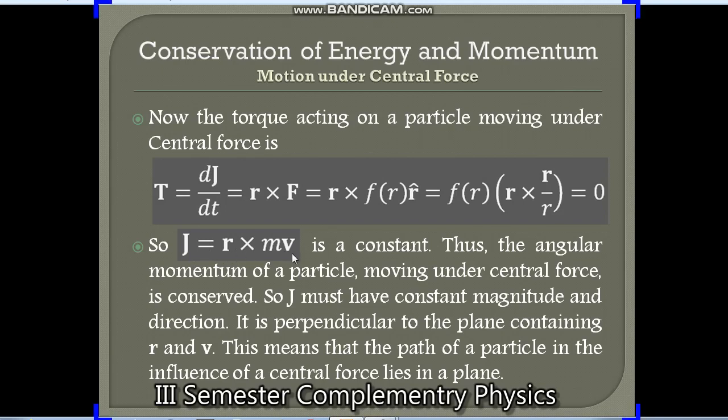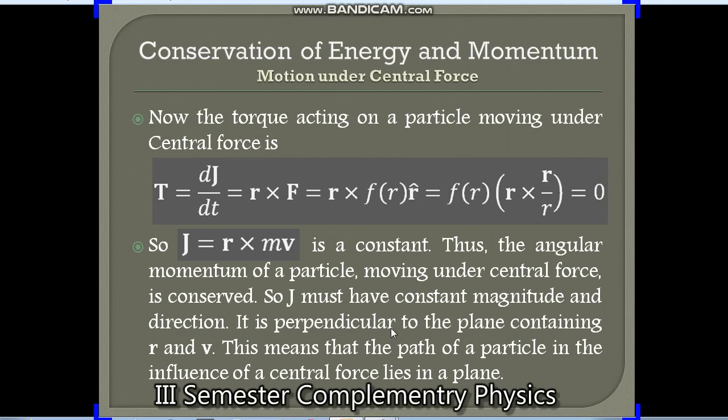Or in another way, we say that the particle moving under central force should move in a plane, or the orbit of the particle should be in a plane. So the motion under central force is a two-dimensional problem. It is not a three-dimensional problem as we expected.